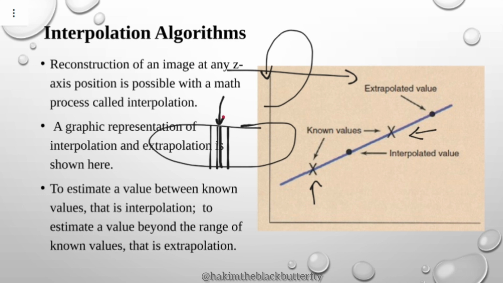That information can be estimated using information of this slice and this slice to estimate what is missing in between them. We call that interpolation.